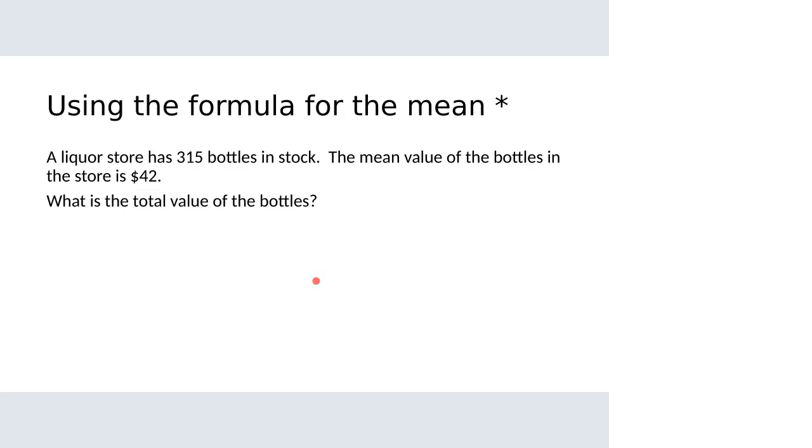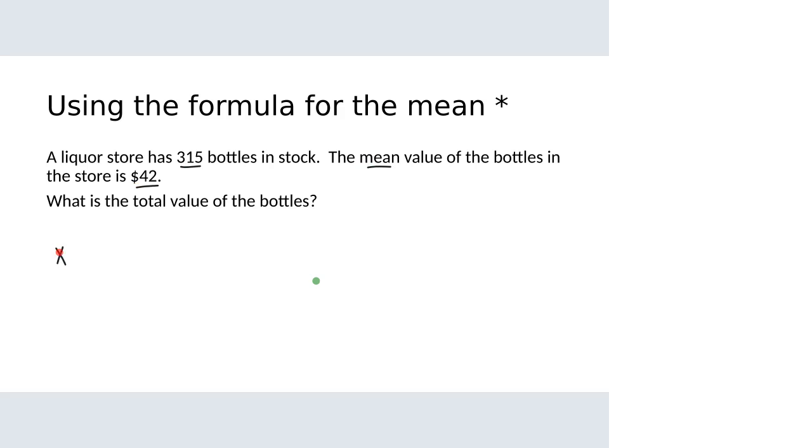So what I was told was that there are 315 bottles in this store and the mean value is $42. I don't know what any bottle is actually worth. There might not be a single one in the whole store worth exactly $42. But I know how many there are and I know the mean.